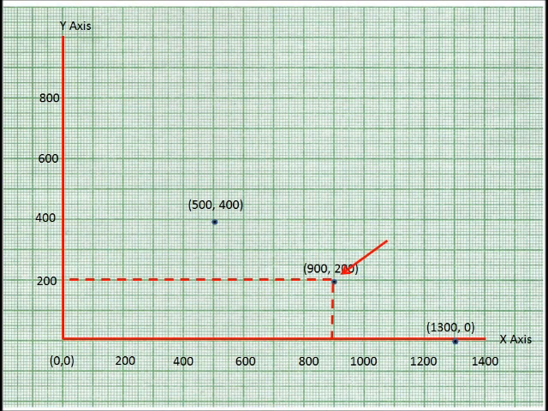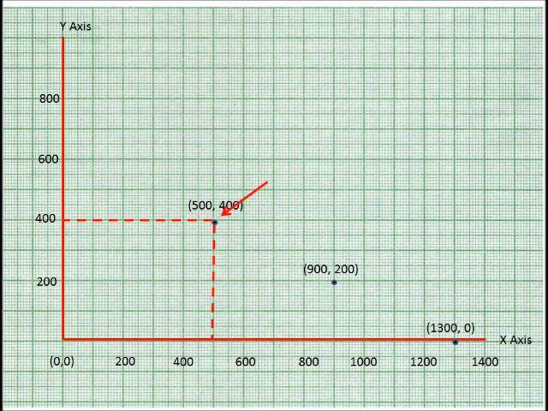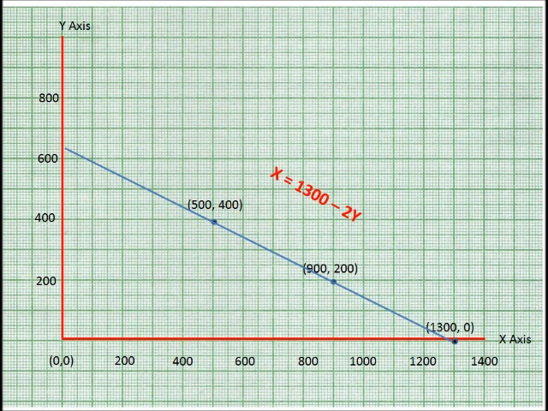This is the second point. On the x-axis it is 900 and on the y-axis it is 200. This is the third point. On the x-axis it is 500 and on the y-axis it is 400. Now join all the 3 points by a straight line.